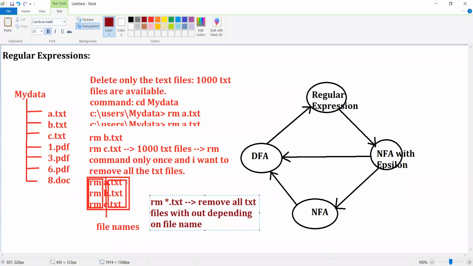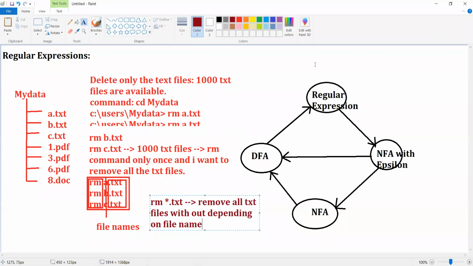Okay, please try to understand. So this is how, with a simple rm command, used only once, I am now able to remove them. How am I able to remove them? Because I am able to find the common pattern. Okay, now let's go ahead and take one more exercise.